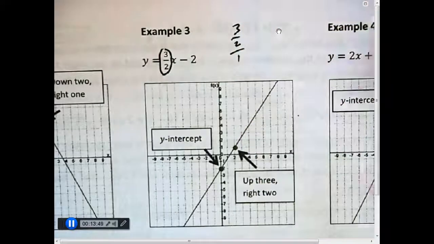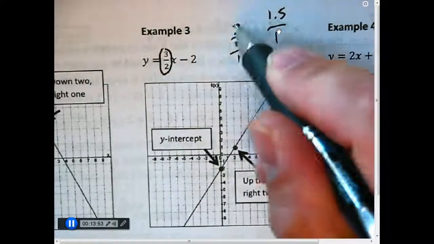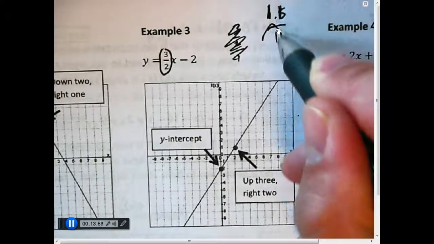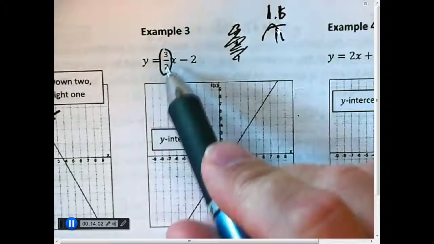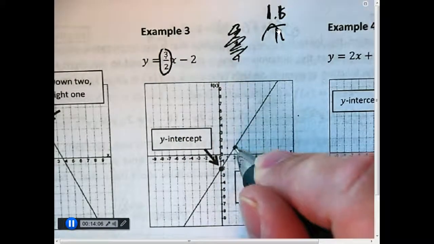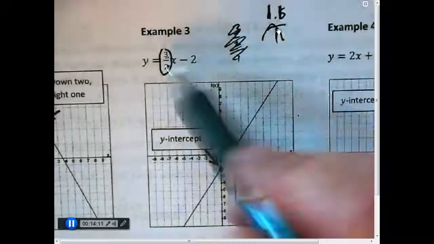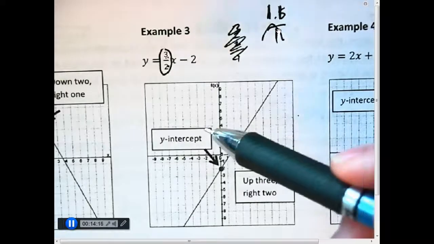Or they say it's 1.5 over 1 because 3/2. Now, that we frown on. That's bad. So this right here, we are rising 3, 1, 2, 3, and running 2. Rise, run. So if you've been taught, let's make it a decimal and then put a 1 under it, let's not do that.